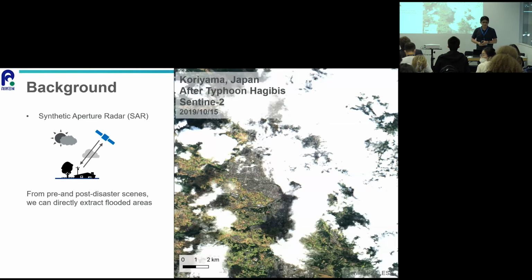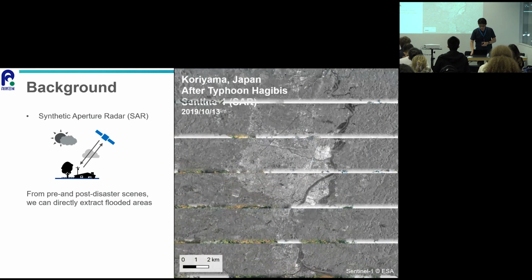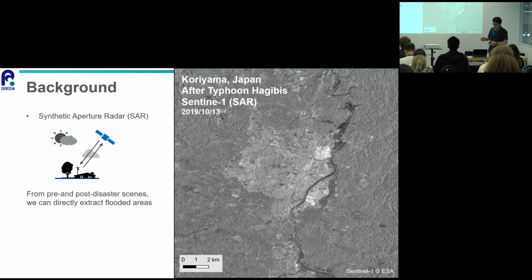We cannot use optical data for flood detection in this case. So in such scenarios, SAR datasets give us a great advantage. We already understand why active sensors are very useful. And here you can see the flooded areas are mainly the dark areas, right?